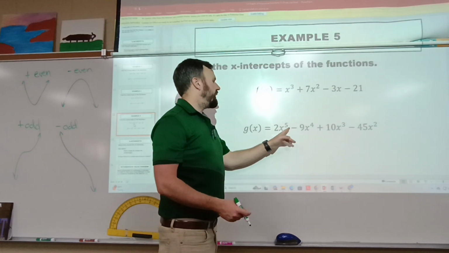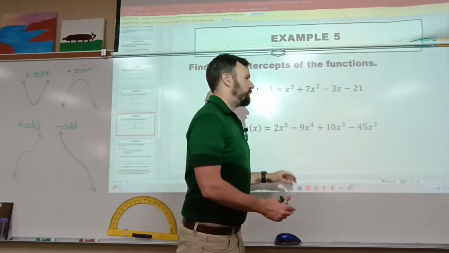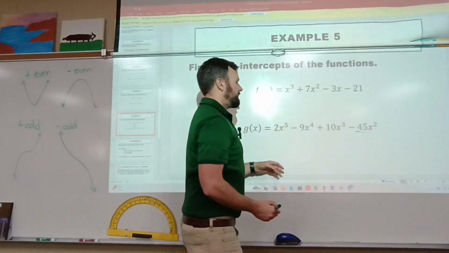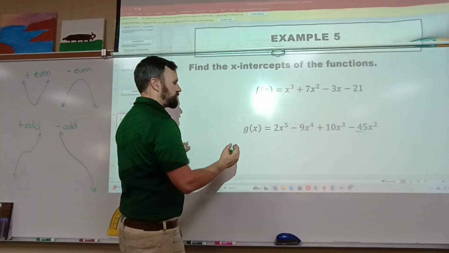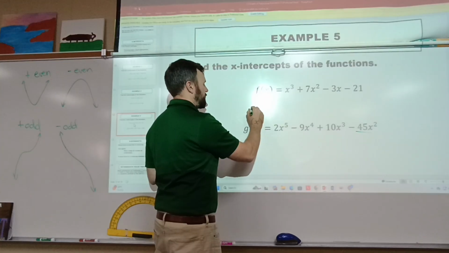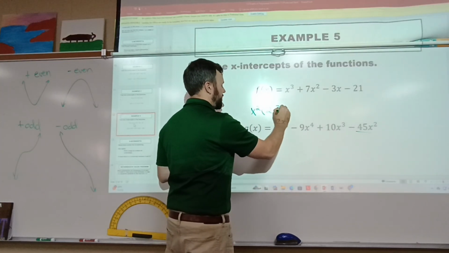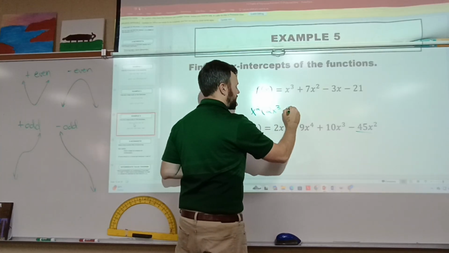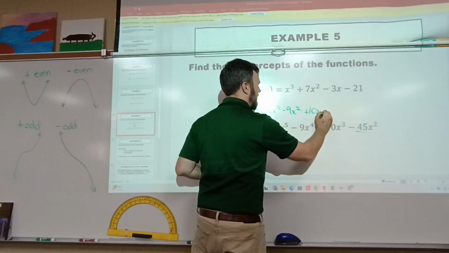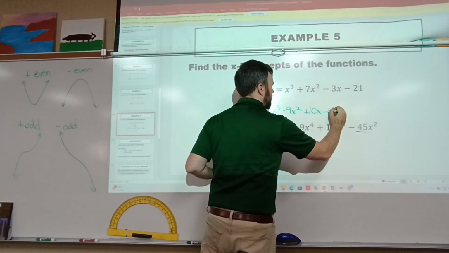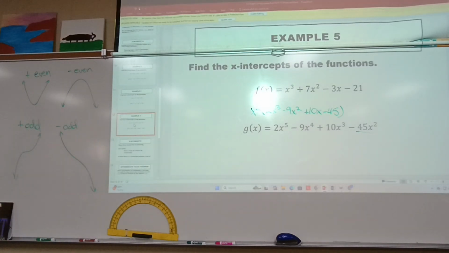All right, is there something I can pull out of all these right away? Look at my last one. What can I pull out of it? An x squared, right? So I would do x squared times 2x^3 minus 9x^2 plus 10x minus 45.